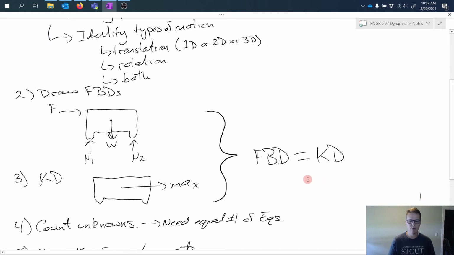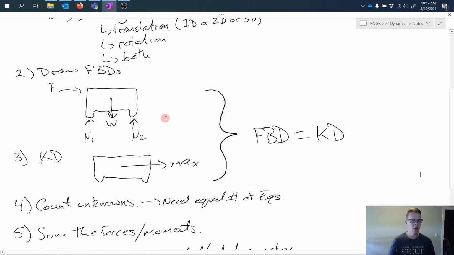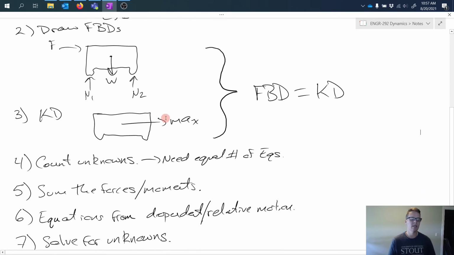The next step would be to draw free body diagrams, with the purpose of identifying those forces that are acting on our particle or our rigid body. So we want to identify all those things and separate our rigid body from everything else so that we can remove contacts with other objects, contacts with the ground, things like that. At the same time, we want to draw our kinematic diagrams.